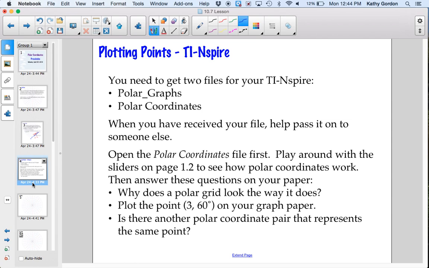So what's this right here? 180 plus 60, 240. So this is 240, and then you can say negative 3, right? So 240 and negative 3. Another point.